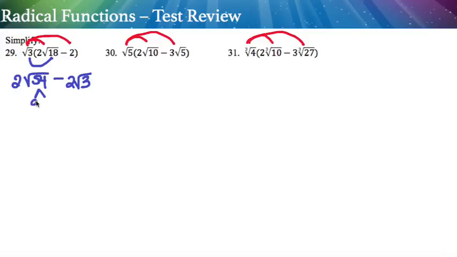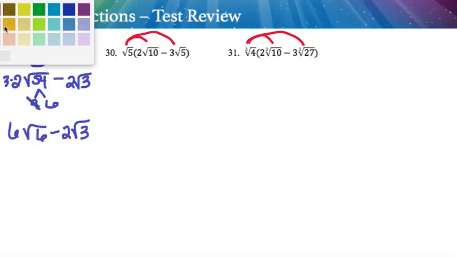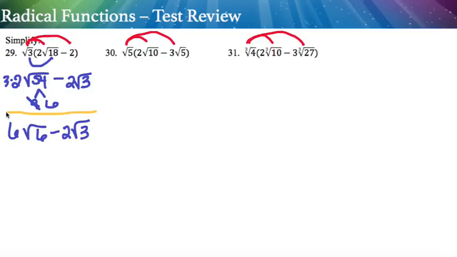This has got to be a 9 and a 6. So what's the square root of 9? The square root of 9 is 3. So we're going to make this 6 square root 6 minus 2 square root 3. That's going to be your final answer on that one. So you don't have to do any more with it. All you have to do is just leave it exactly like that. It's already simplified.